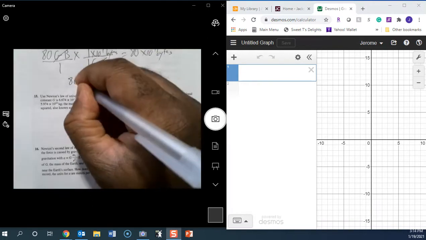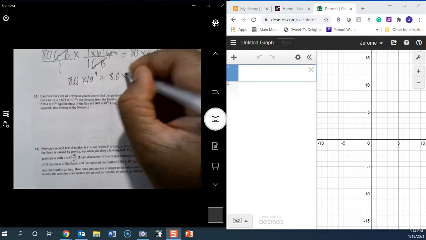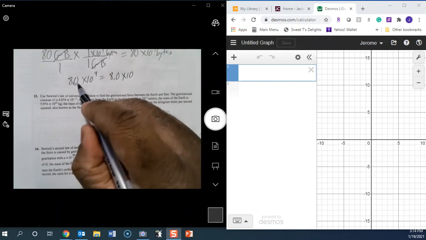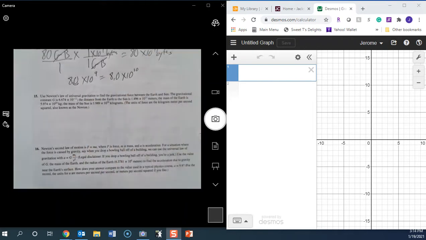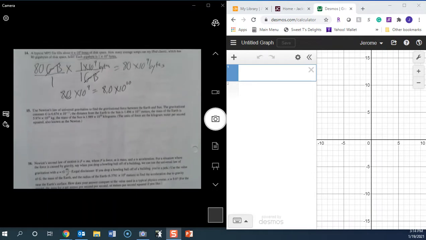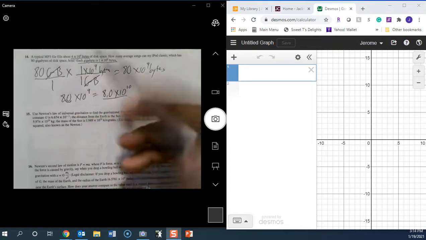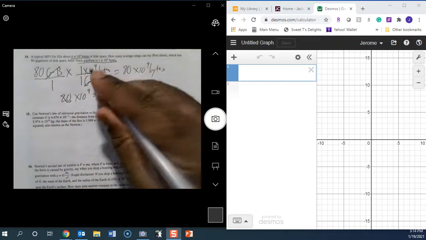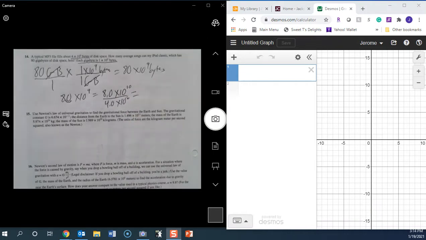So we have a decimal here and move this one place to the left. So it'd be 8.0 times 10, and since we moved it one place to the left, we add 1 to this 9. So it'll be 10 to the 10th. And then we would divide it by this 4. We'll make it 4.0 times 10 to the 6th power.